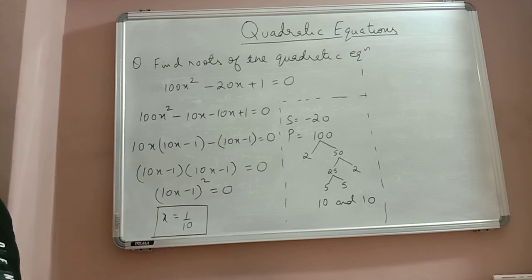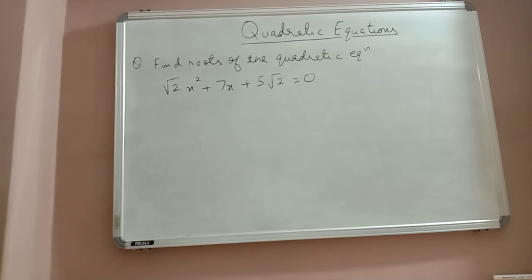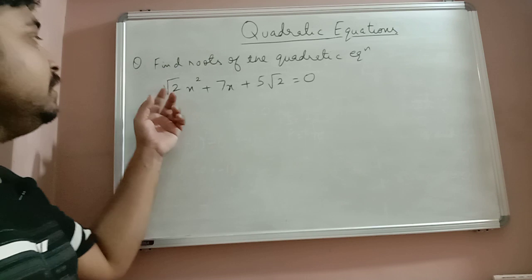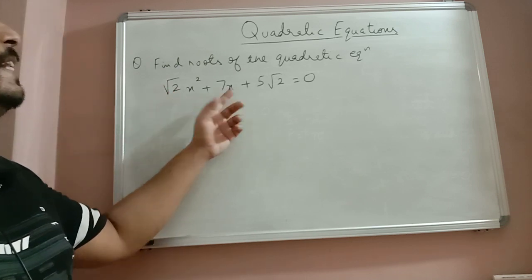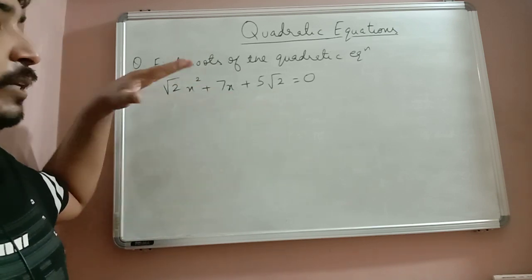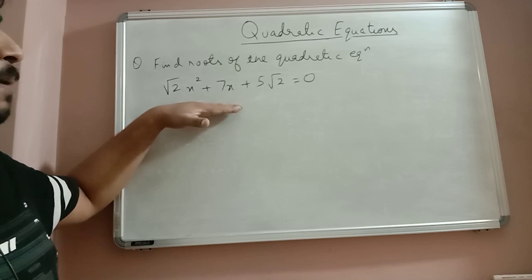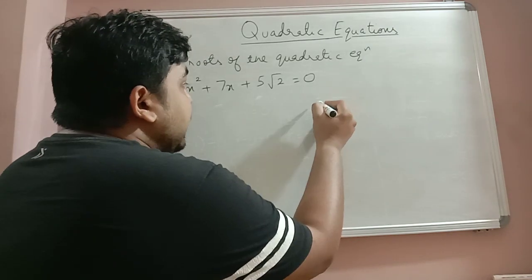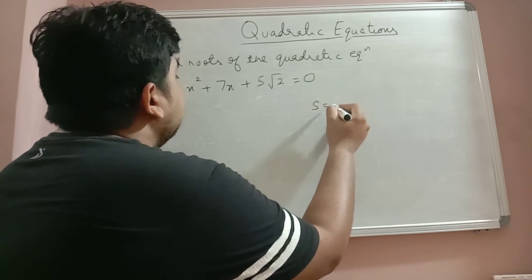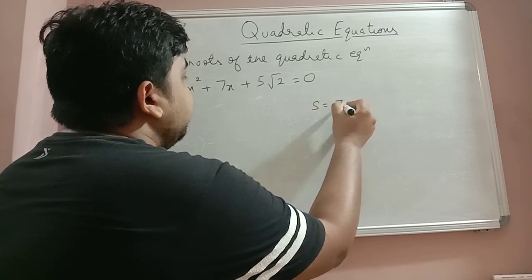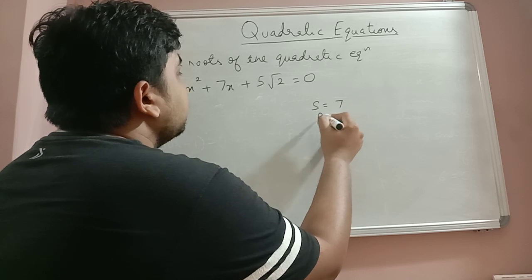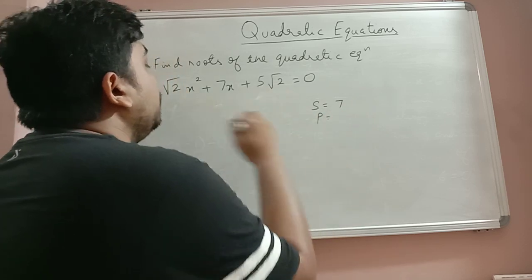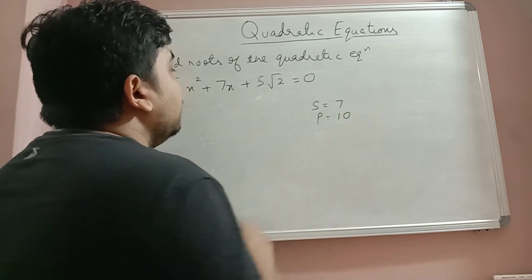Let's take up another question. Okay, now again I have taken a question on finding the roots. Find the roots of the quadratic equation root 2 x square plus 7x plus 5 root 2. Now the equation involves square root of numbers. Let's see how we can do that. Again I'll write down the sum and the product. The sum is 7 and the product is 5 root 2 into root 2, that comes out to be 10.